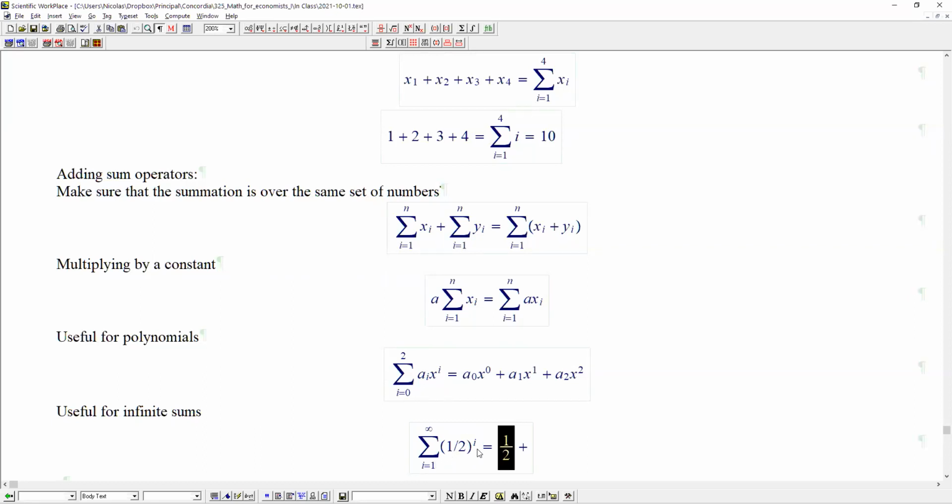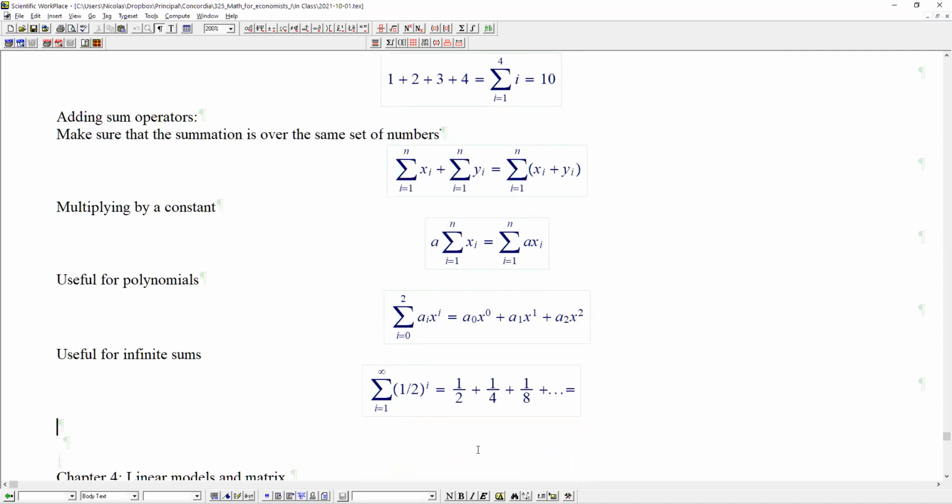So that's 1/4 plus 1/8. And what is the summation? Infinity? Not quite.